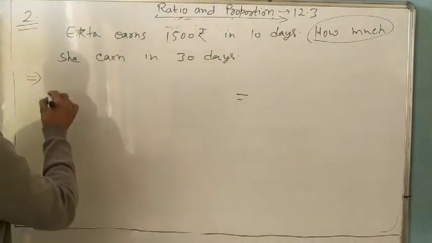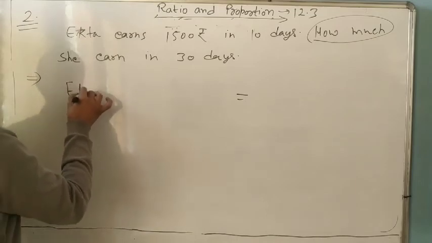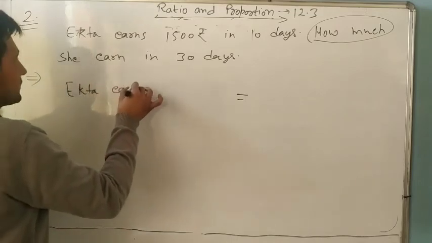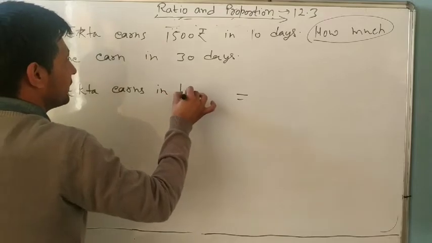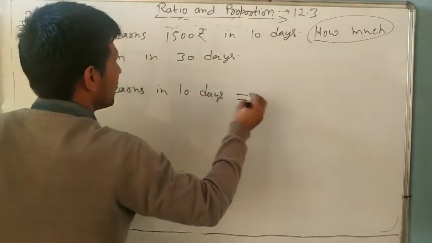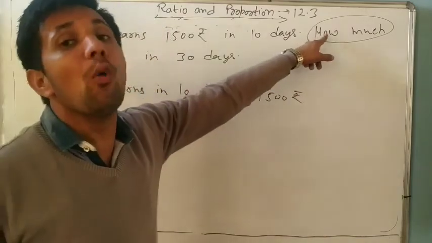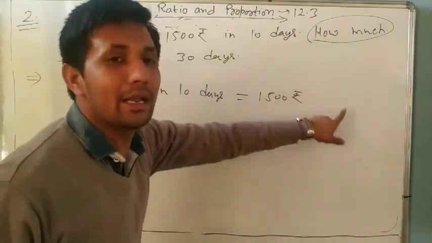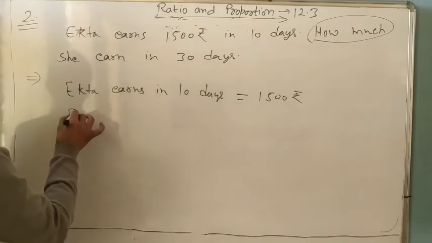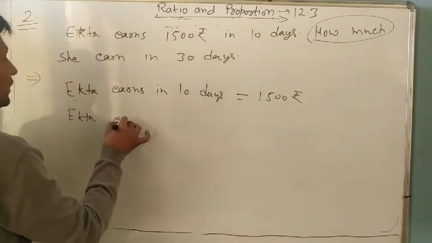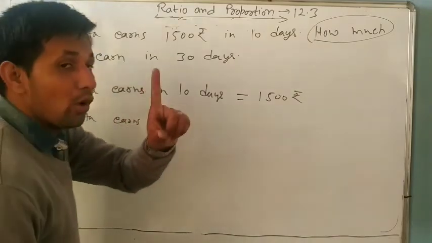We want to find how many rupees, so rupees we write after the equal sign. Ekta earns in 10 days 1500 rupees. We first use the unitary method, meaning find the value of 1 unit.